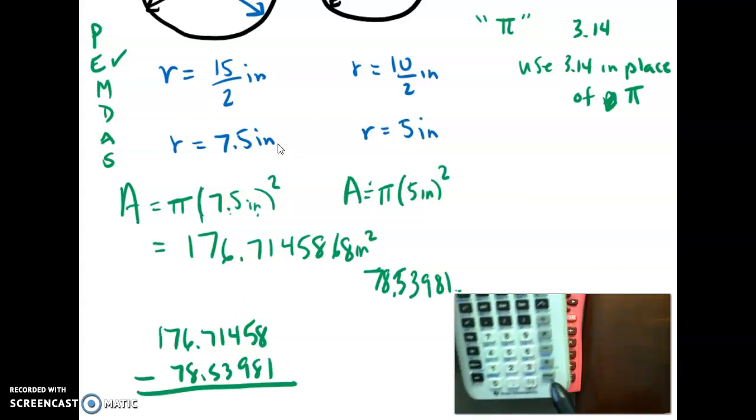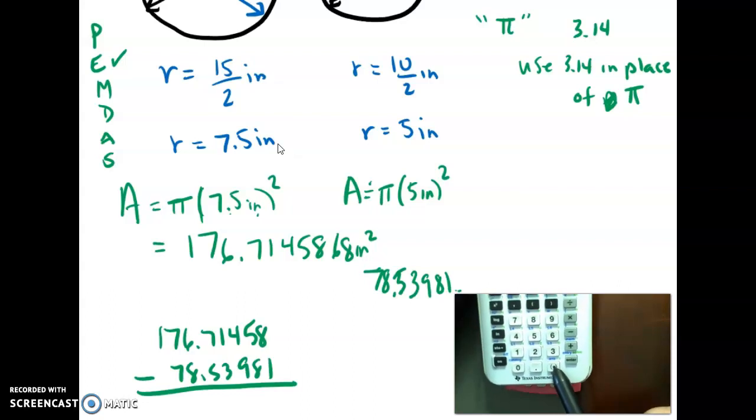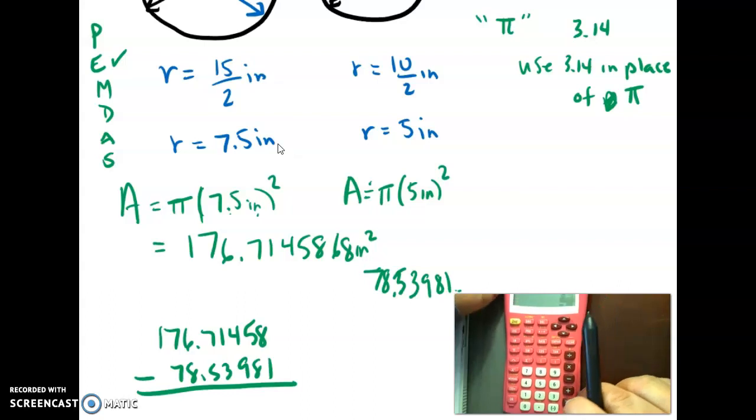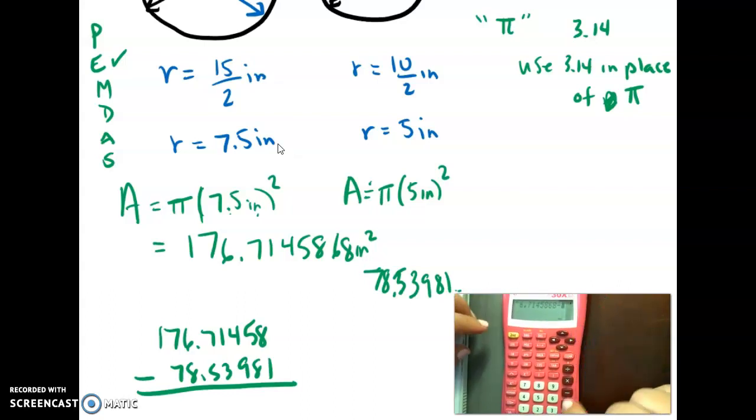It's on this one, and it's also on this one. In order to get ANS, the prior answer that you had on the screen, you're going to hit second and then the negative sign, and you'll see it displays ANS. So I don't have to retype that.